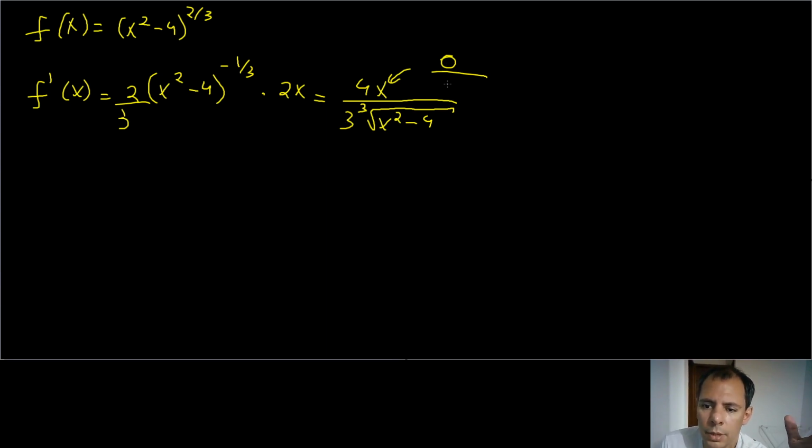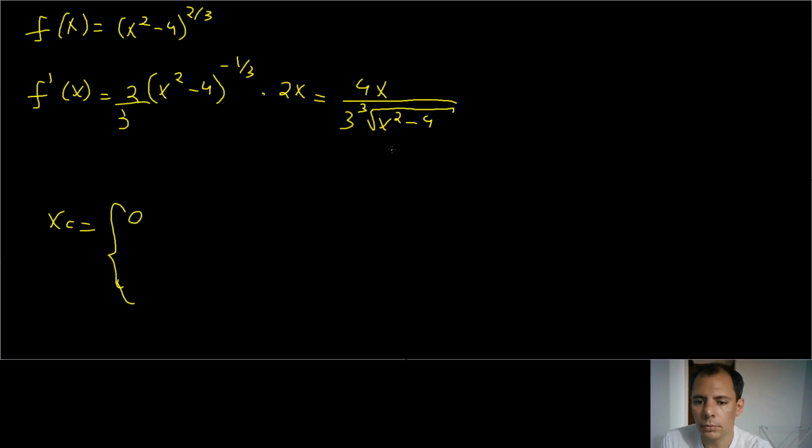So you have 0 here and whatever here, which is going to be 0. So I know that for this formula, the critical points, the x critical, are going to be at 0, and they're also going to be at minus 2 and 2.